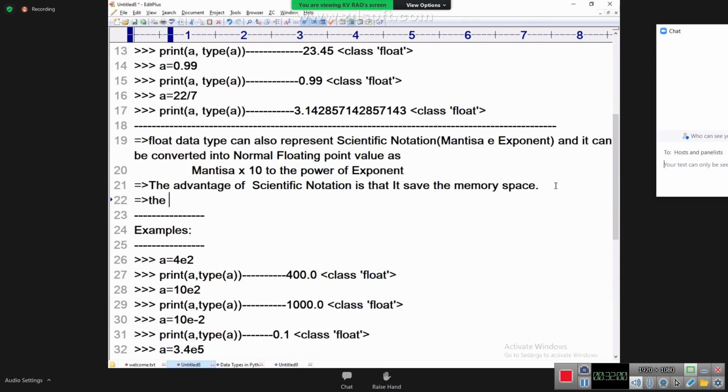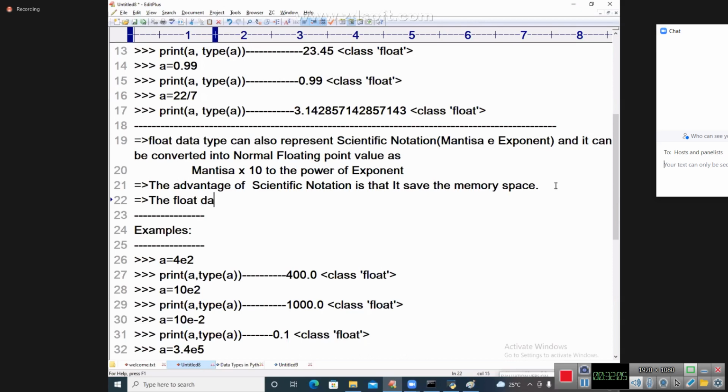What am I writing? The float data type never supports, never stores number systems data. Fine. So float data type never stores the number systems data directly.